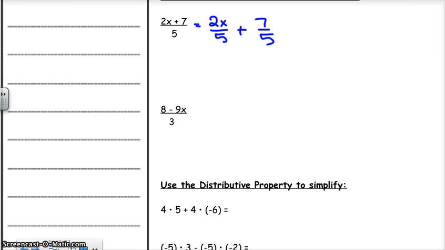This gets us ready for graphing slope-intercept form, which you'll learn in chapter 8, I think it is. This next one, 8 minus 9x over 3, that says both of them are over 3. So I have 8 over 3, take away 9 over 3x. Oh, now I can do more.